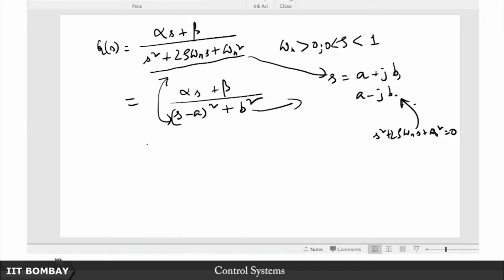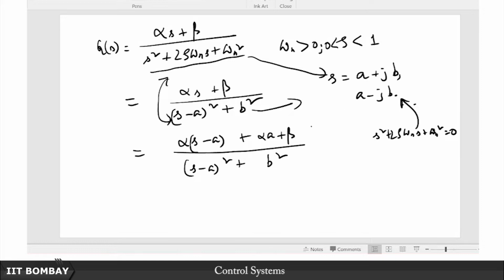But what is the benefit of this? Let me go one step further: alpha (s minus a) plus alpha a plus beta, upon (s minus a) whole squared plus b squared.